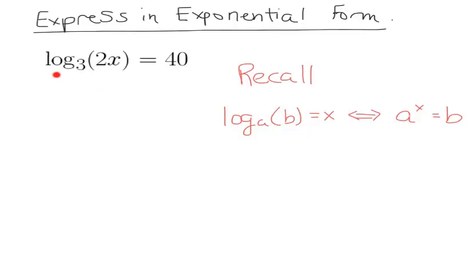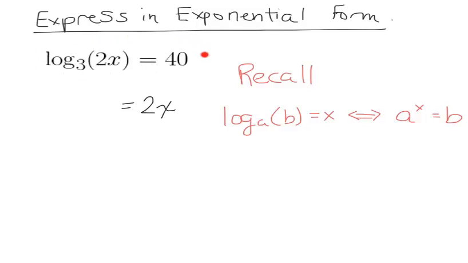So how does this work for our current logarithmic equation? Well, I tend to start with what's inside of my logarithmic expression. I'm going to write 2x as the right-hand side of our exponential form. What does 2x have to be equivalent to?